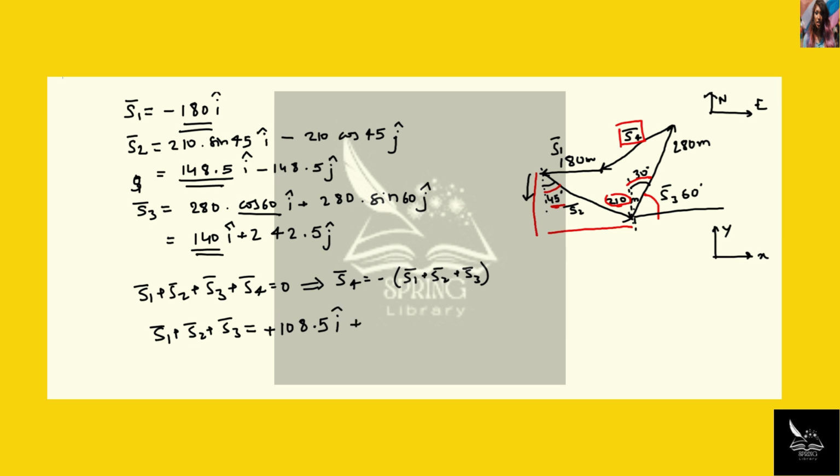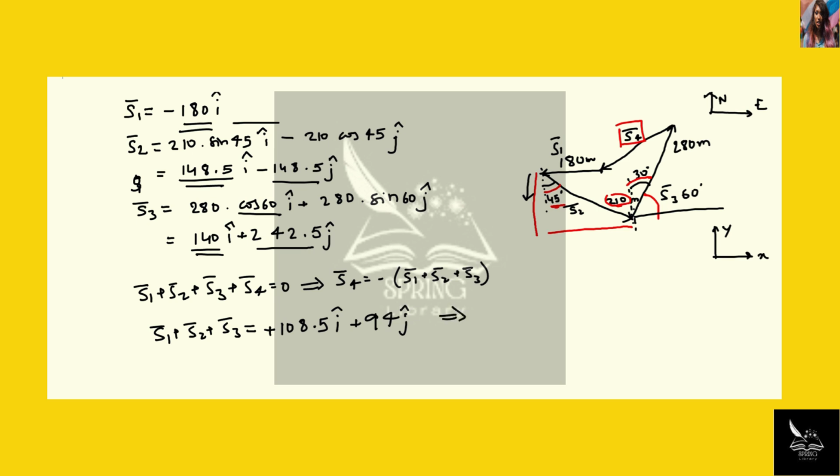And the y components, when added, would be 0 here, minus 148.5 and plus 242.5, which will give us 94 j cap.